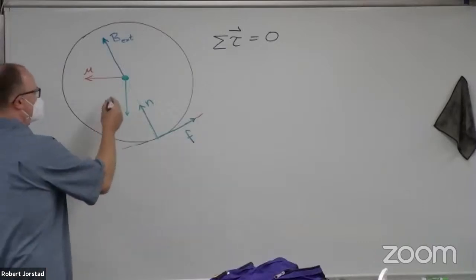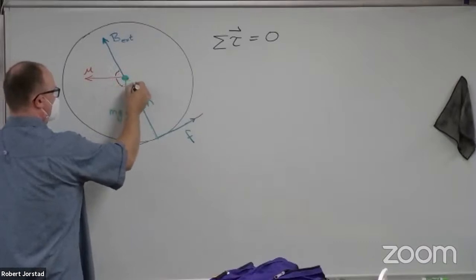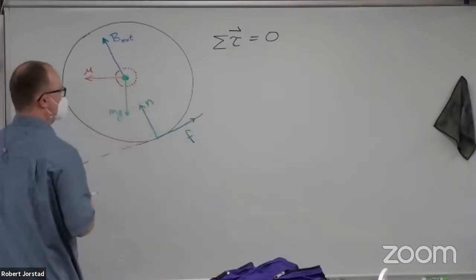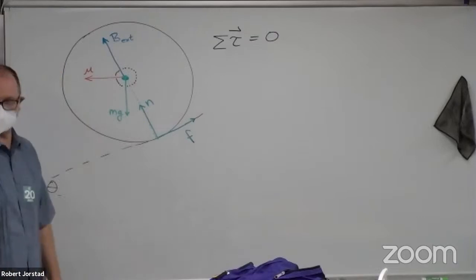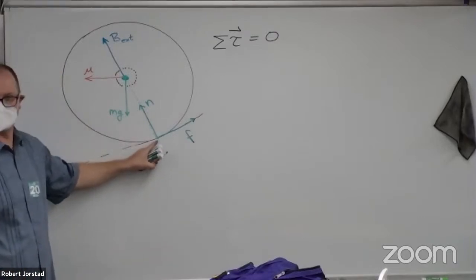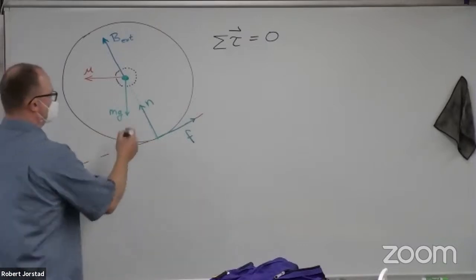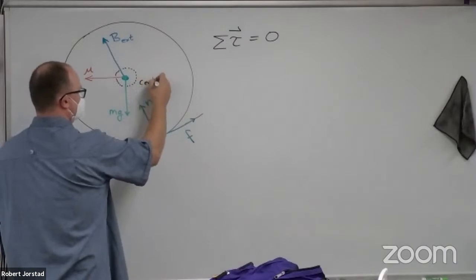Okay, we usually think of doing the center as our pivot point, right? Now, to be clear, do you agree this is not rotating about the center? Do you agree it's also not rotating about this point? So then it becomes a little bit tricky. For me, it makes sense to use the center as the pivot point here.